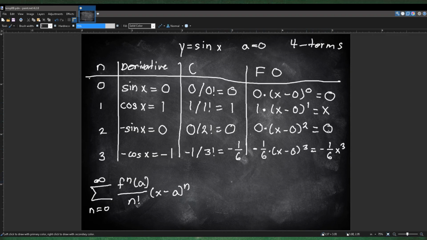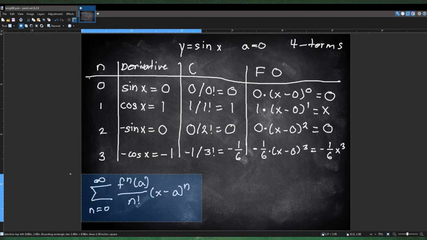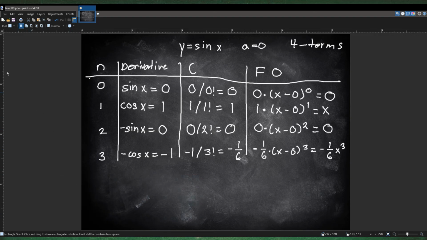Instead of calculating for that, let's think only about the odd terms. So we have x and then negative 1 over 6 x to the power of 3. Let's add a fourth and fifth term so we can see how this plays out.